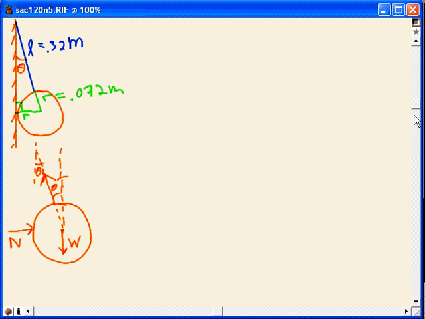This distance, the entire distance from here all the way to here, is clearly just going to be, I'll call it d, and it's got to be L plus R, or 0.32 meters plus 0.072 meters, which is equal to 0.392 meters.